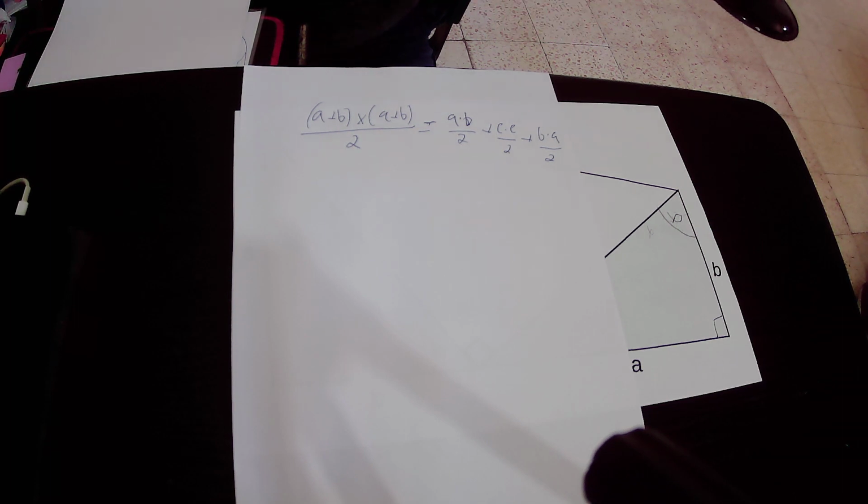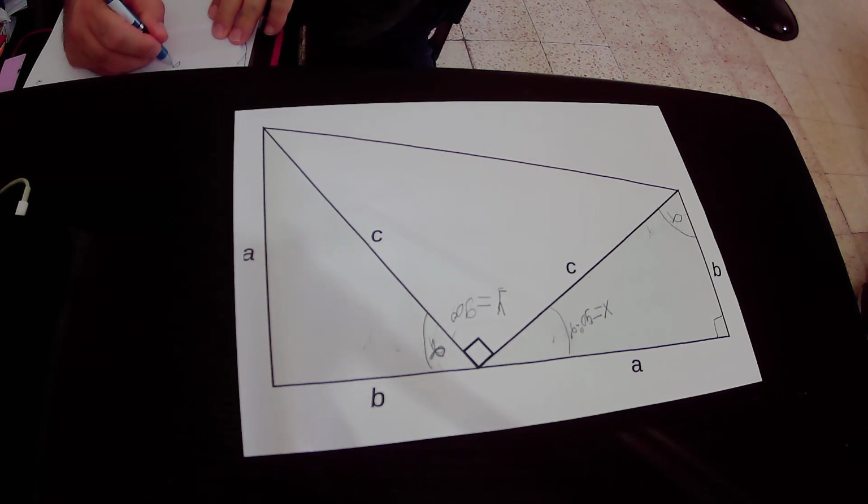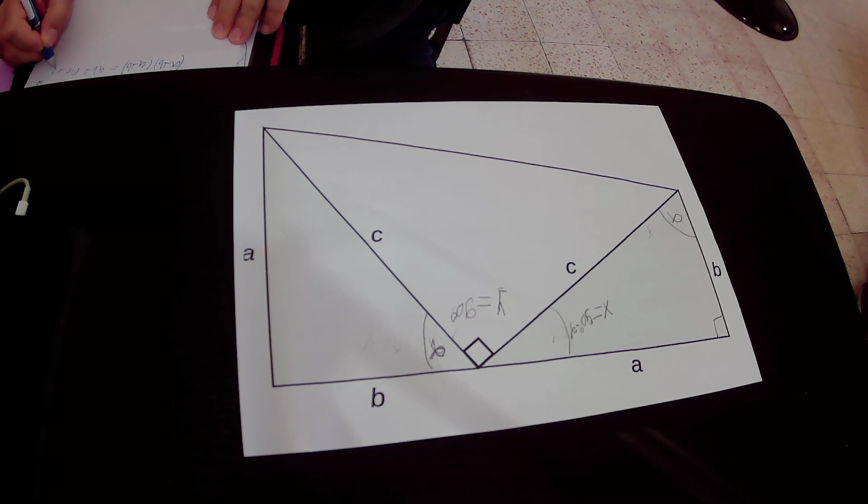In this equation we can multiply the two sides by 2. Then we will get that (A plus B) times (A plus B) equals AB plus C times C plus BA.